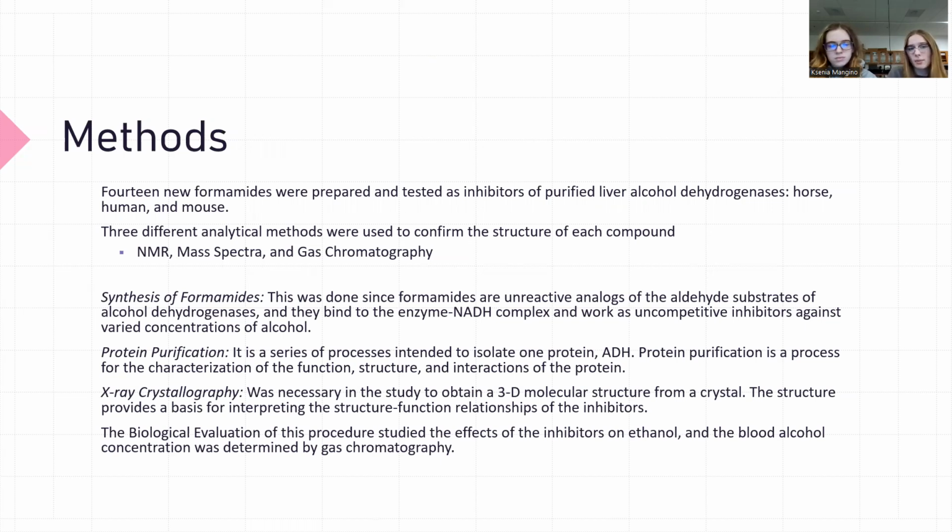The synthesis of furanimides was done since furanimides are unreactive analogs of the aldehyde substrates of alcohol dehydrogenase, and they bind to alcohol and to the enzyme NADH complex and work as uncompetitive inhibitors against varied concentrations. Protein purification is a series of processes intended to isolate one protein, in the study NADH.